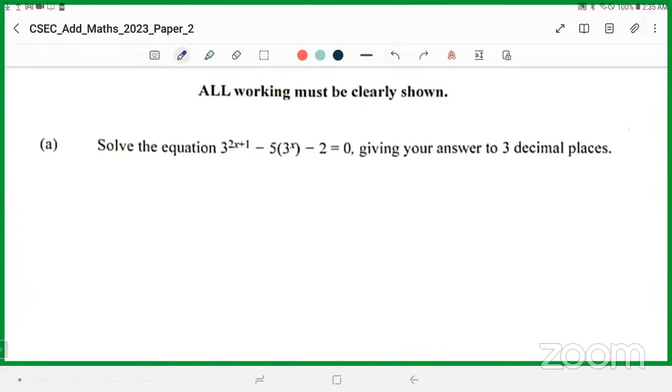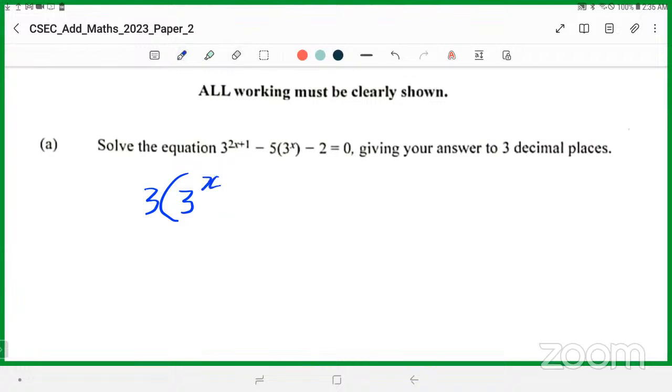This expression here is the same as 3 to the 2x times 3 to the 1. I can move this and put it in front. So it becomes 3 to the 2x. And then this power, I can break that up and put it as 3 to the x squared.